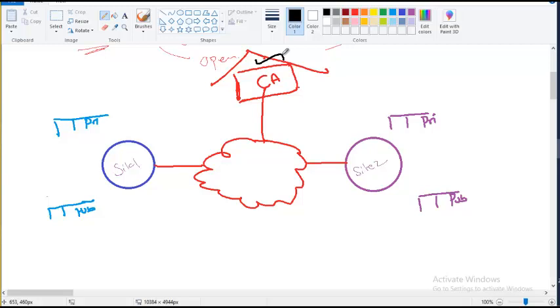So now, site 1 needs to send its public key to the CA. And the CA will verify. In the public key, there will be the serial number of this router, and there will be a key, and there will be a router ID or domain name.